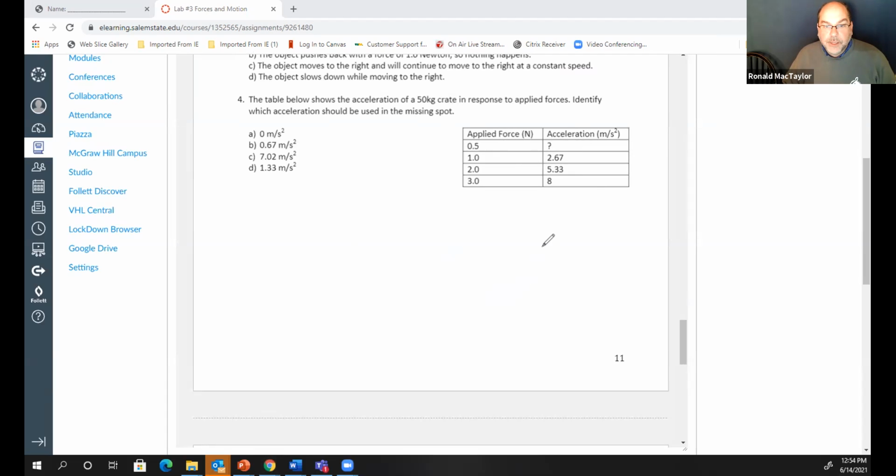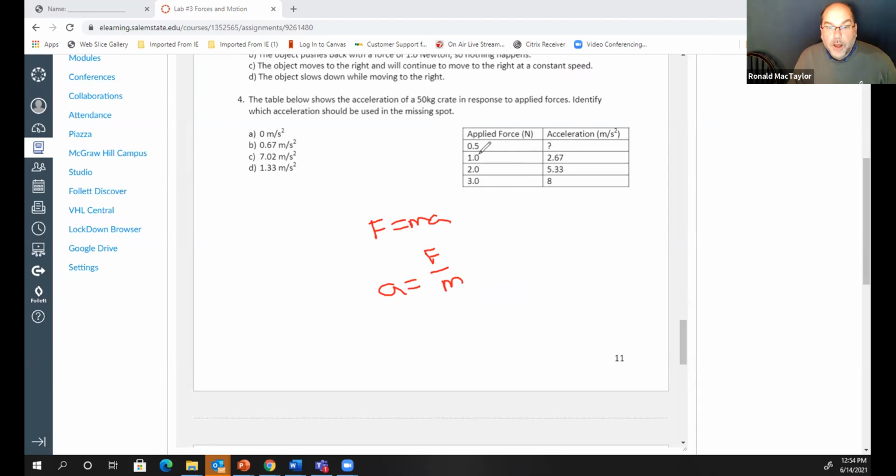So force equals mass times acceleration. That is Newton's second law of motion. So acceleration equals force divided by mass.